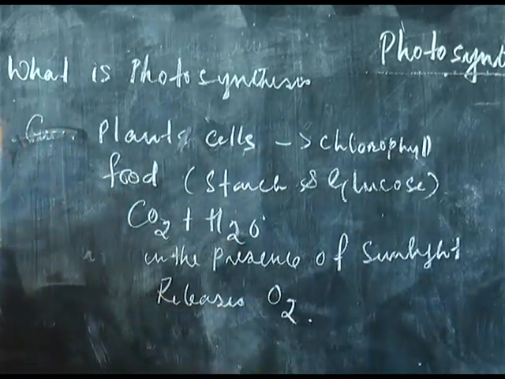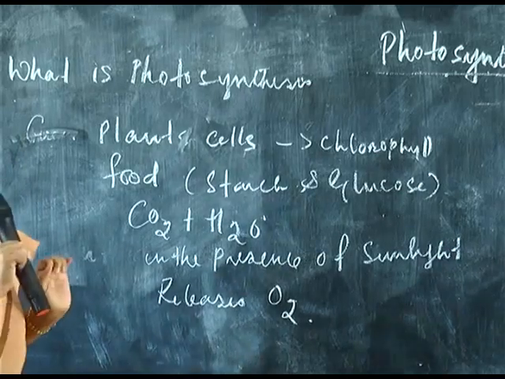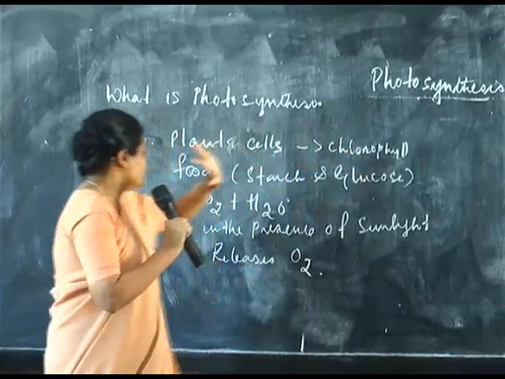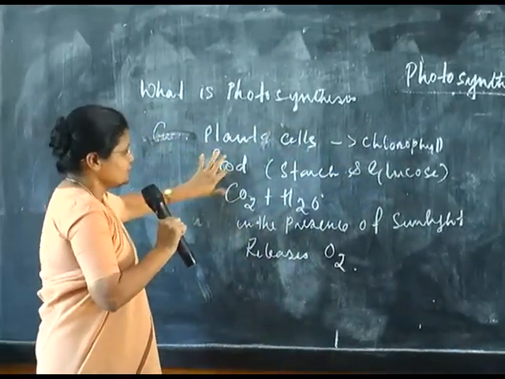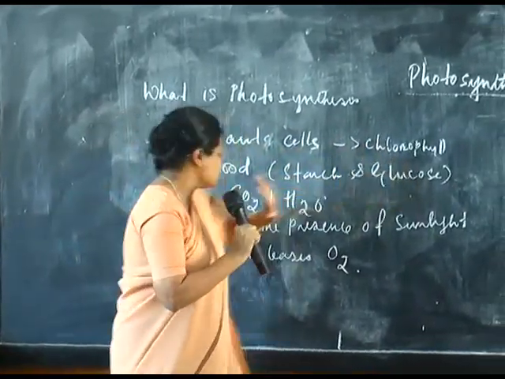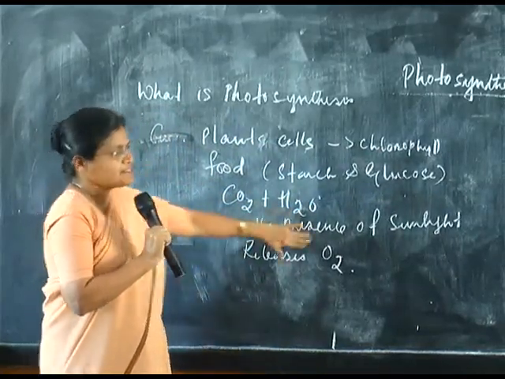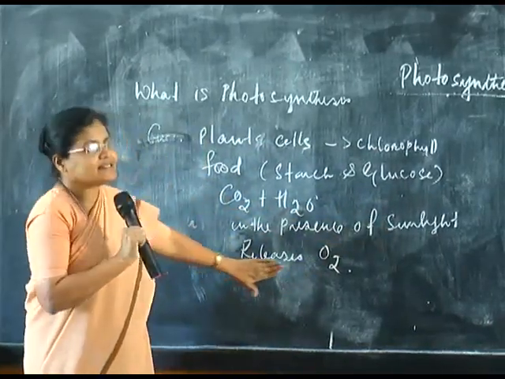So I repeat, photosynthesis is a process by which the living plant cells containing chlorophyll synthesize food. The food is the starch and the glucose, using carbon dioxide and water in the presence of sunlight, releasing oxygen.